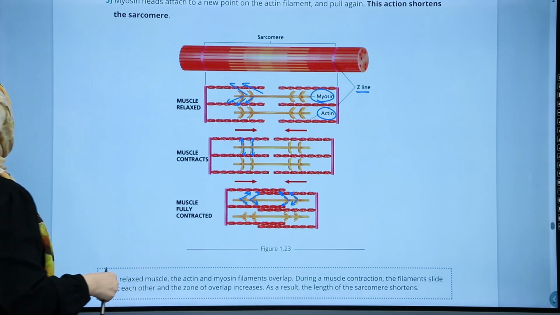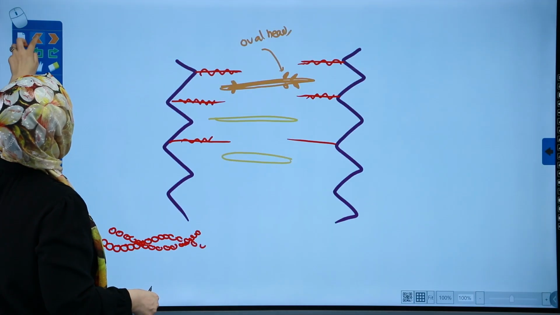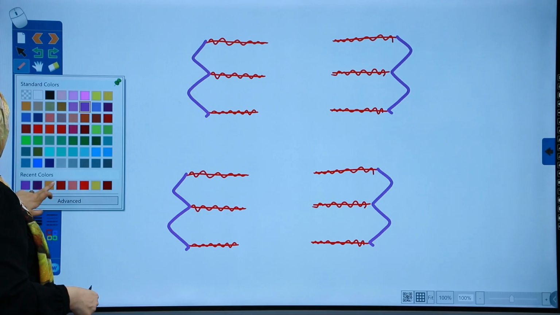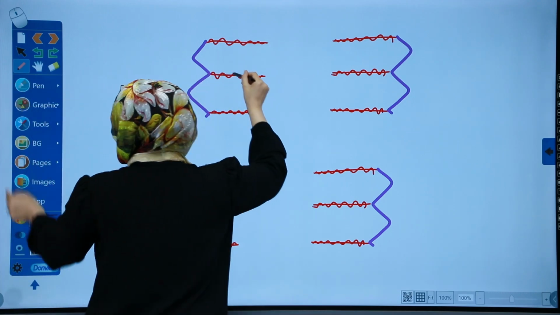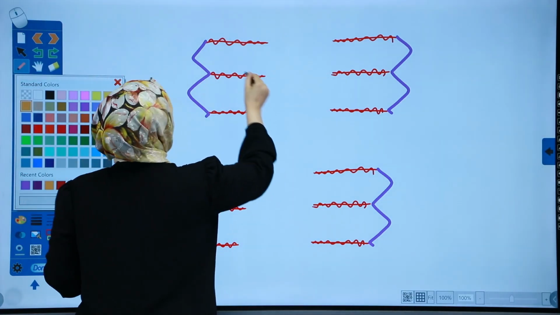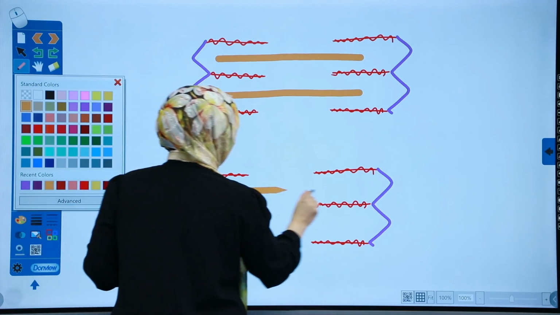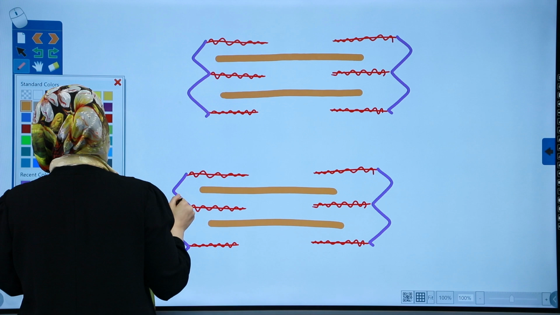other. I have a drawing here prepared. Let's use this as an example. Let's have the color palette here. These are myosins. I'm going to draw a relaxed muscle first.